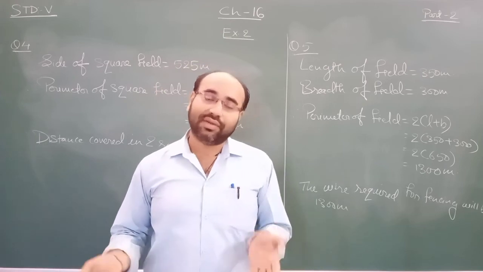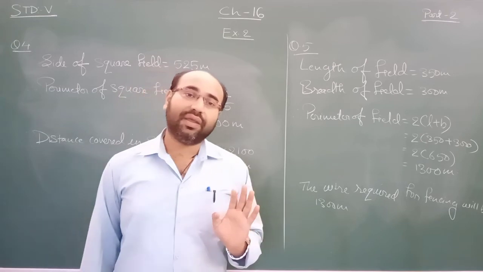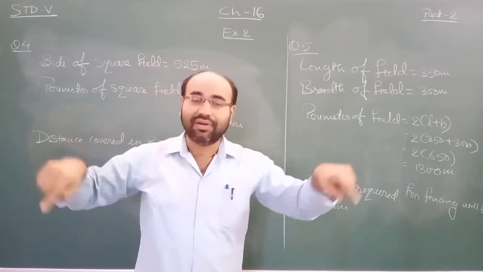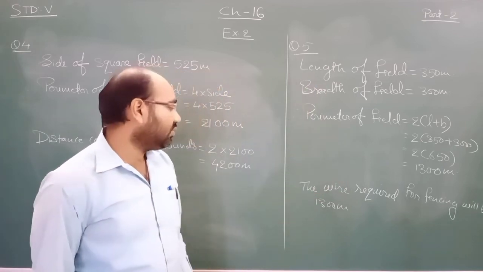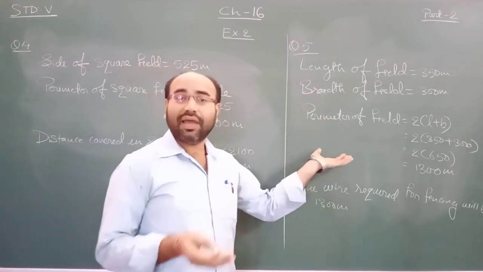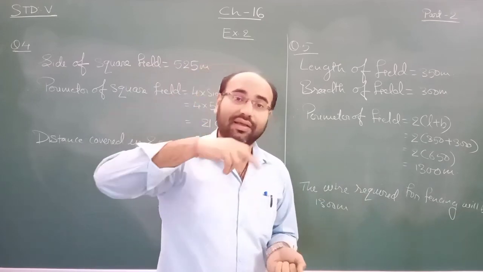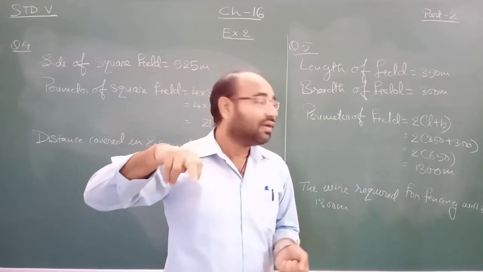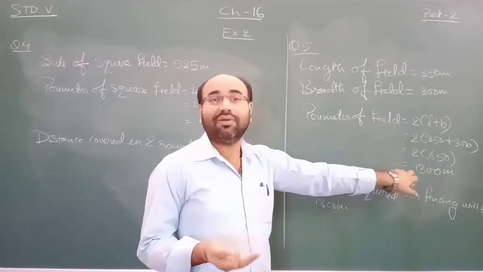Then very simple, just fence दिया है तो सर क्या करना है? No need to worry about it. Fencing word याद रखना है. It means you have to find out the perimeter, क्योंकि fencing हम always boundaries पर लगाते हैं. So this was your question number 5. इसमें और भी ऐड हो सकता है कि अगर दो राउंड वायर की फेंसिंग लगानी है, तो कितना वायर चाहिए होगा? यह एक राउंड का होगा.